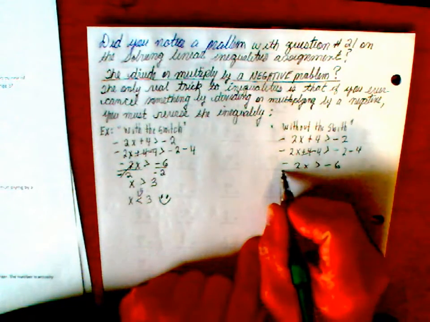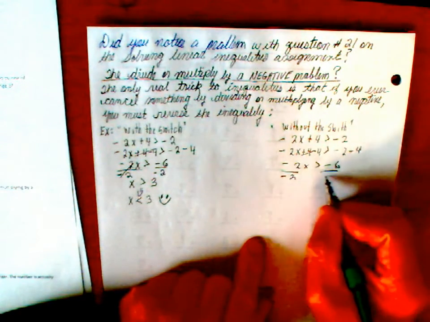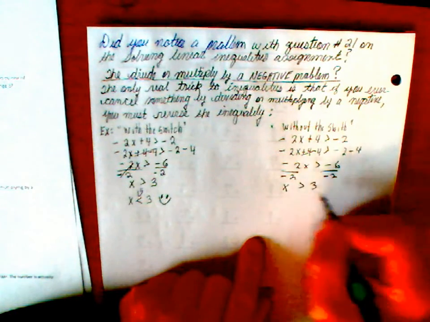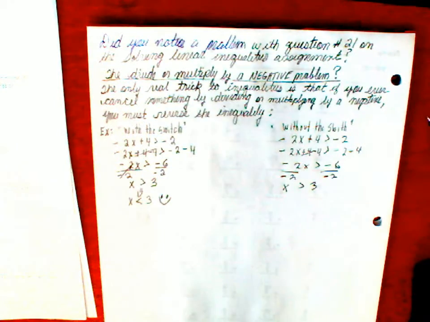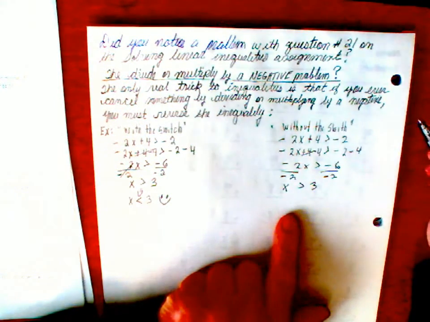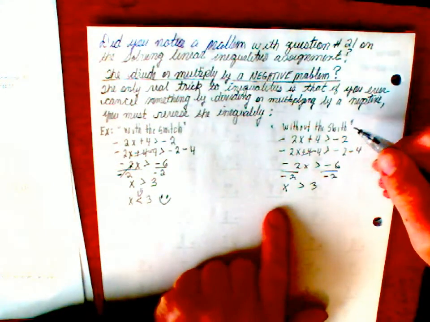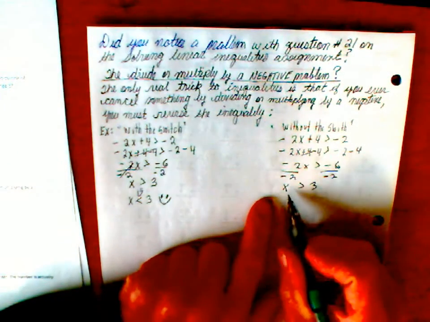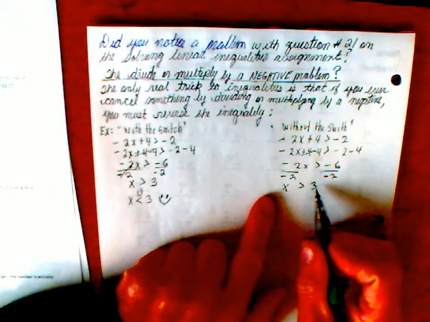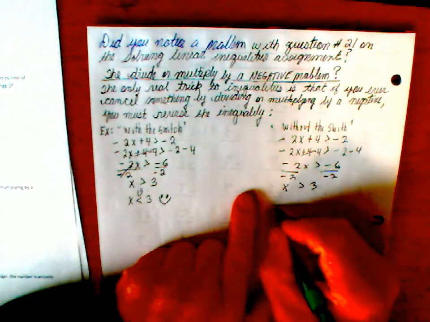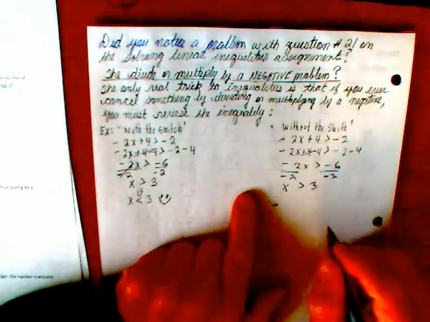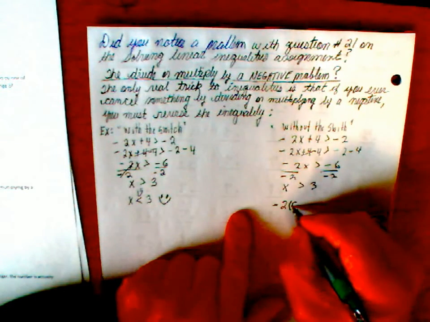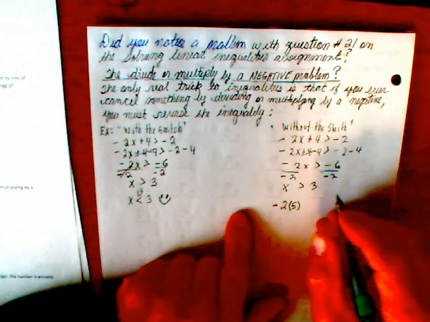And then we need to divide by -2. So how these work is, let's check this now to see if this would be proper. So if I said x was greater than 3, would this be true? Pick a number greater than 3, 5. So -2, I'm going to put a 5 in here. I could pick anything greater than 3.